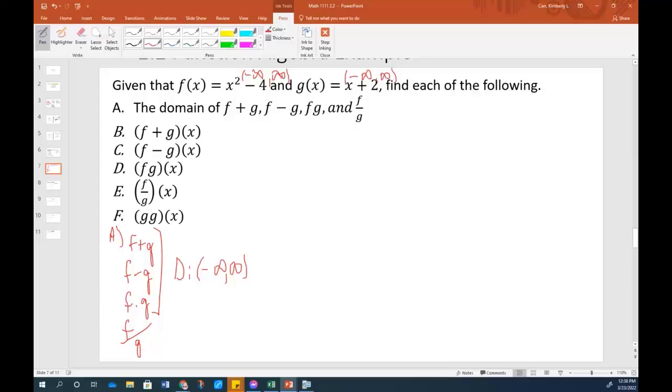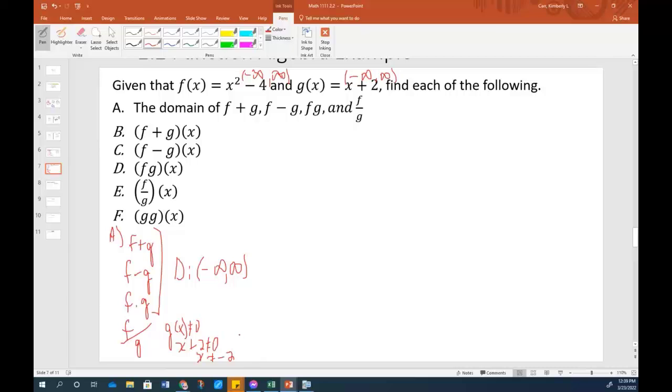On this last one, however, I do have a fraction because I have g of x in the denominator, and I'm not allowed to let g of x equal 0. So since I know g of x cannot equal 0, then that means when I go back up there, that means x plus 2 cannot equal 0, which means x cannot equal negative 2.